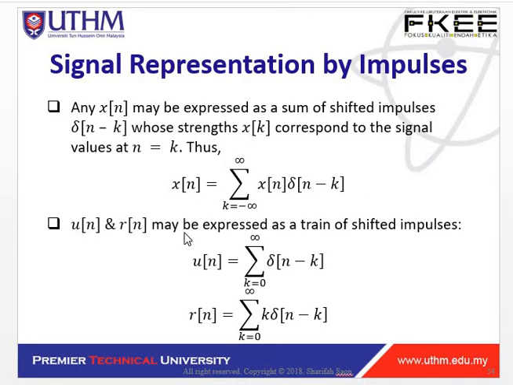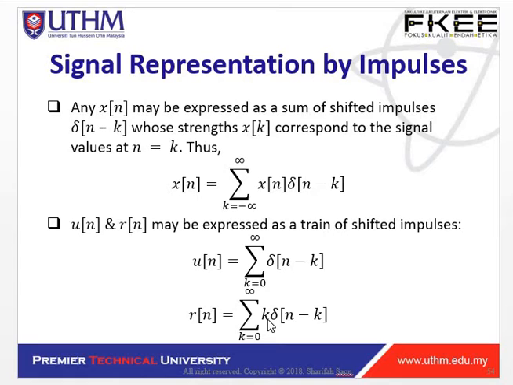Un and Rn may also be expressed as a sum of shifted impulses. Un is a sum of the delta n minus k. You add up all the deltas, for example delta 0, delta 1, delta 2, delta 3, and after you sum, you get Un. Similarly for Rn, the ramp, starting from 0, 1, 2, 3, 4, k is also the same.